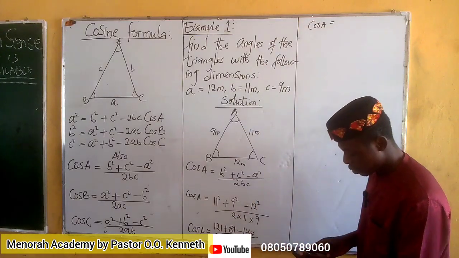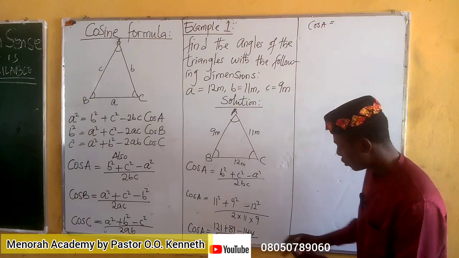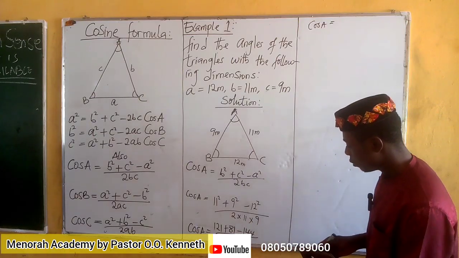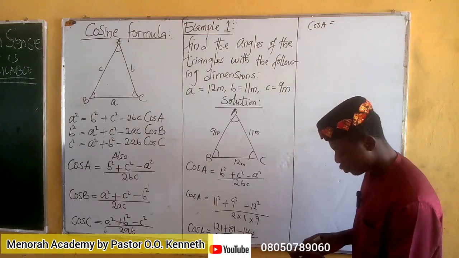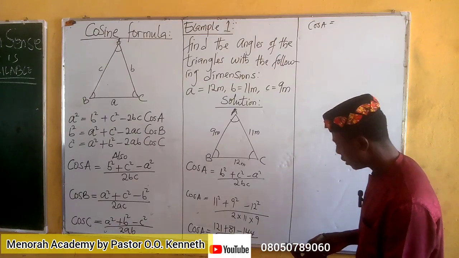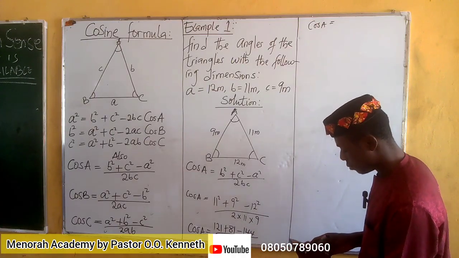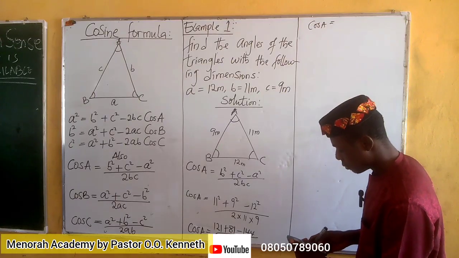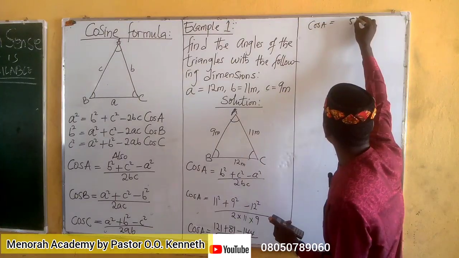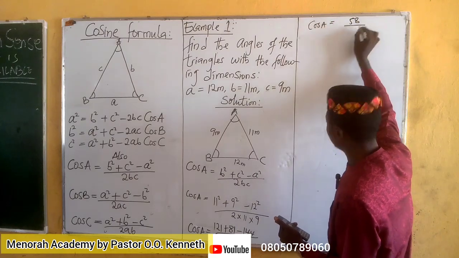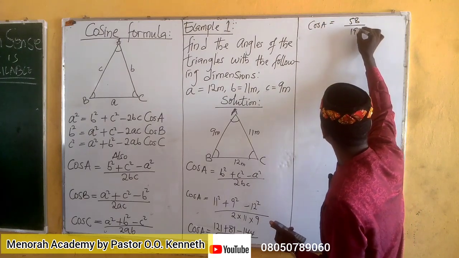So cos A will be equal to 121 plus 81 minus 144, which is going to give us 58, all over 198.